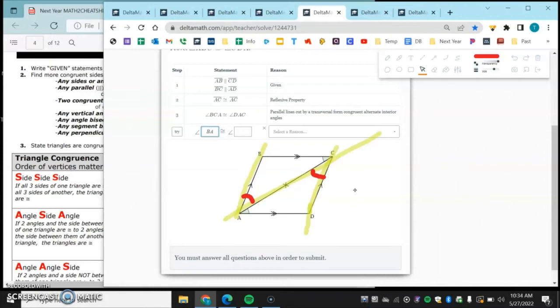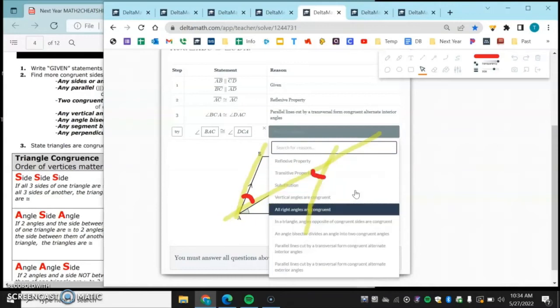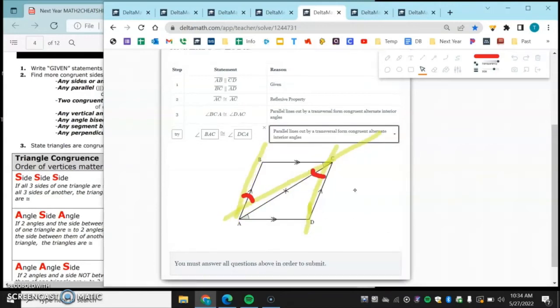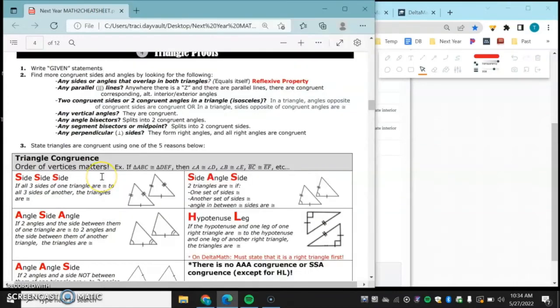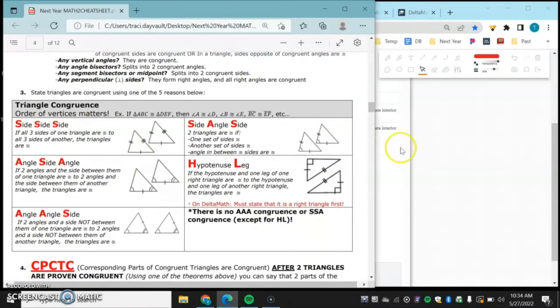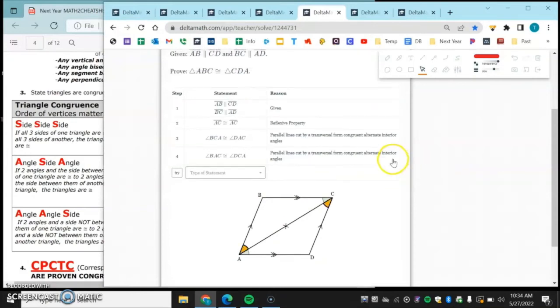Angle BAC would be this angle right here, and angle DCA would be this angle right here. Those are also alternate interior angles. Now, let's see if we have enough information to state for sure that these two triangles are congruent using one of those five. Which one could we use for this?